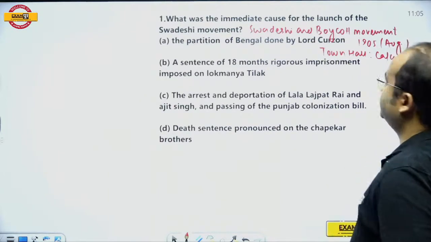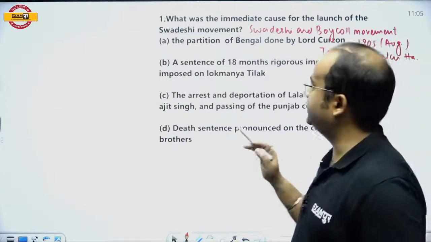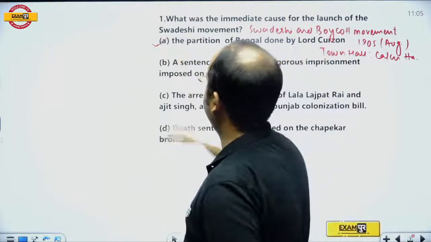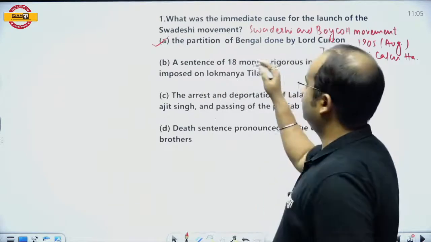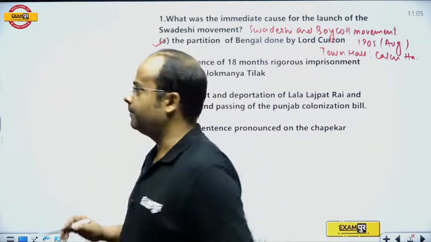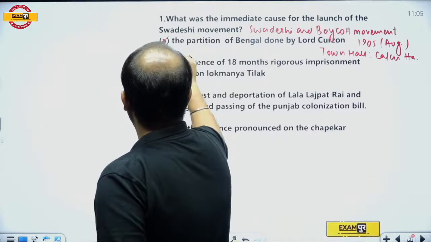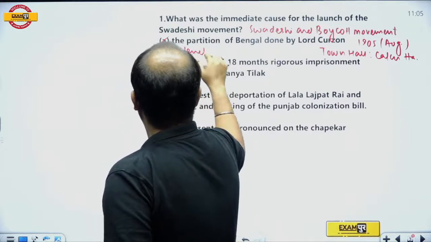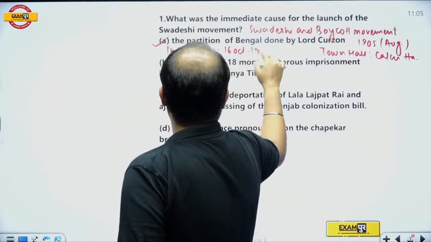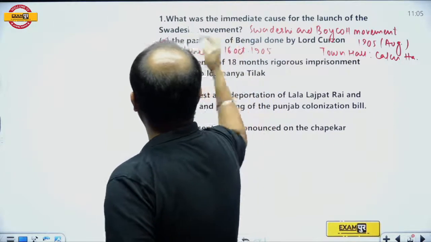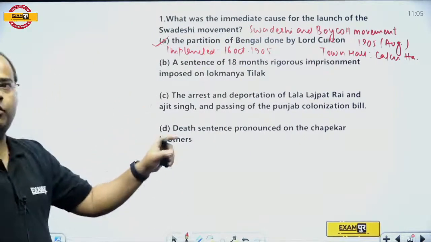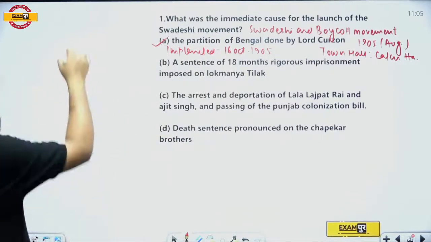And since it was started from Town Hall, Calcutta in 1905, the reason was the partition of Bengal. Bengal partition was done by Lord Curzon. Lord Curzon announced the partition of Bengal, and it was implemented on 16th October 1905. So, in order to protest against the partition of Bengal, the Swadeshi and boycott movement was launched.